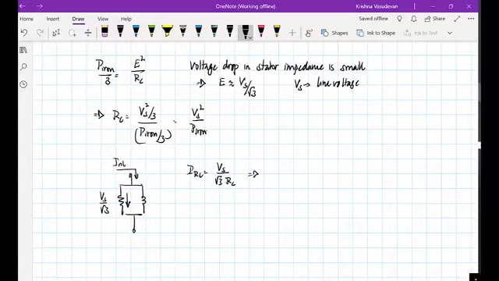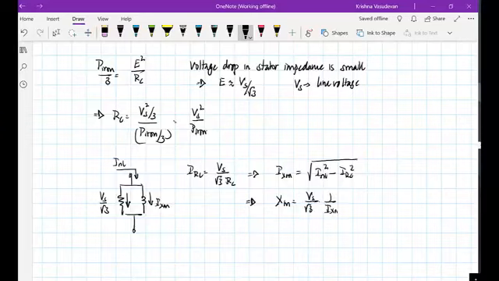Then what you have is IXM. If this is IXM, IXM is equal to square root of I no load square minus IRC square, which then gives us a way to calculate the value of XM. Then XM is equal to Vs by root 3 divided by IXM. So in this way one can figure out what the values of XM and RC are in the network.